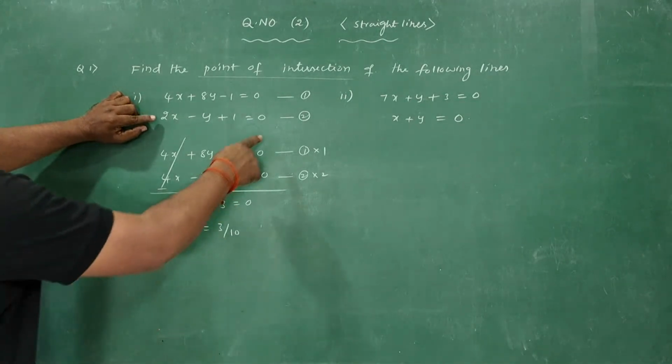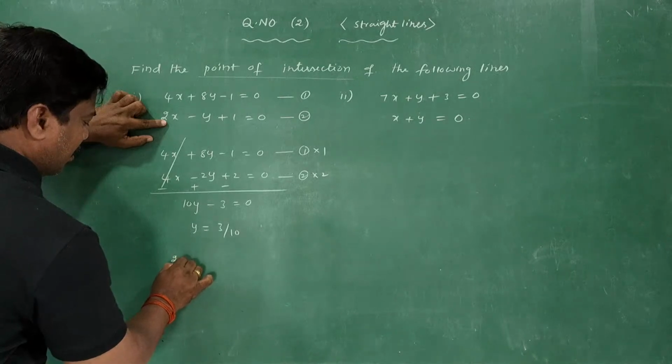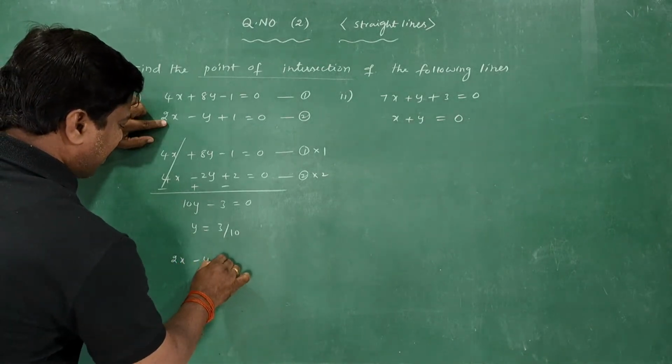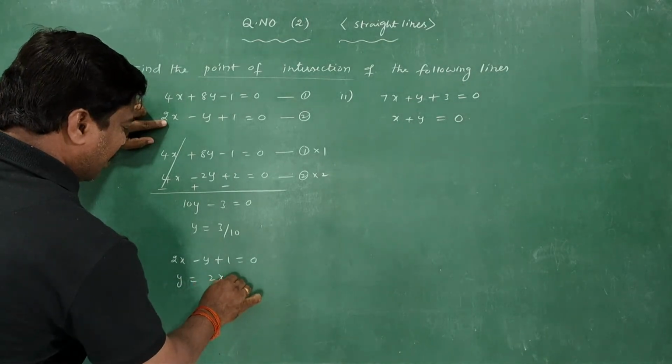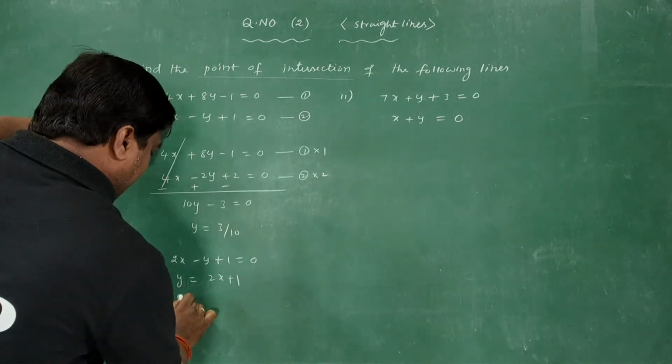Now substituting the value of y in the second equation, since 2x minus y plus 1 equal to 0 implies y is 2x plus 1.